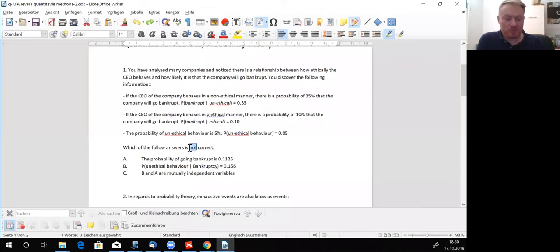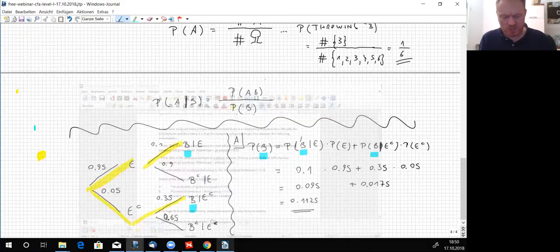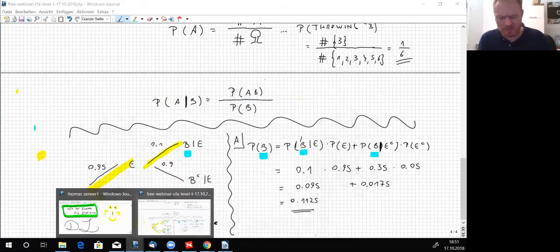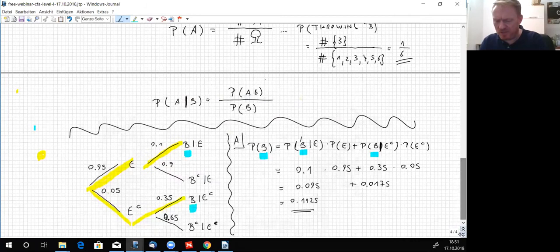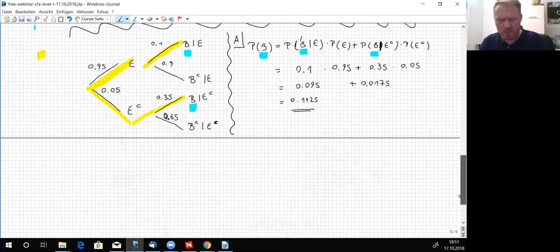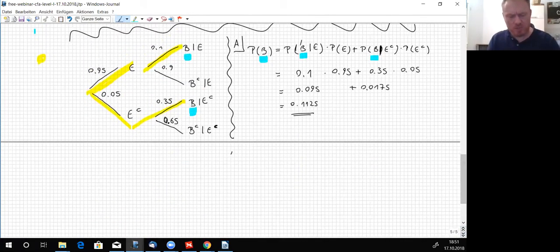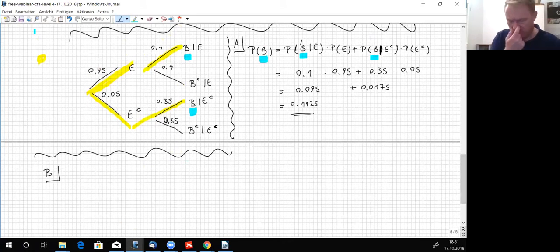Talking about answer B. The probability of unethical behavior if bankruptcy happened before is kind of strange to ask this way, because what happened first was the ethical and non-ethical behavior. Now we are asking in the different direction, but you were able to answer this.